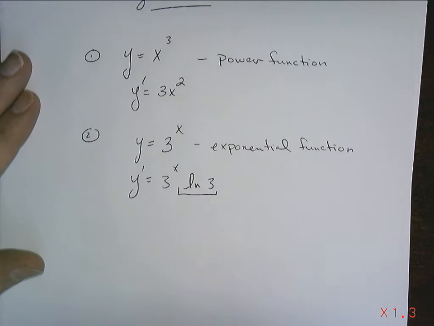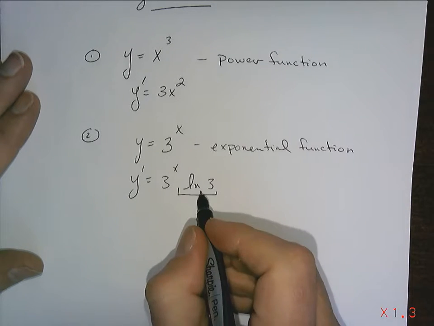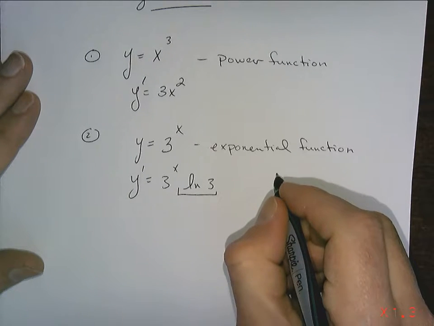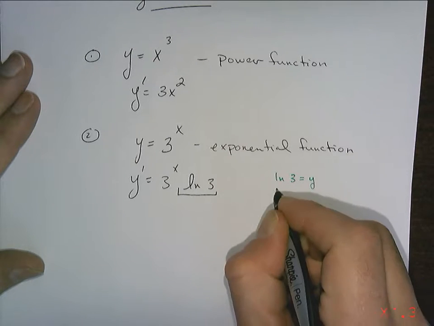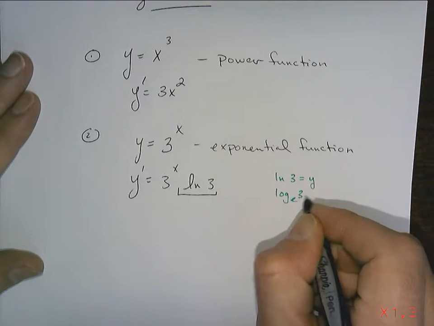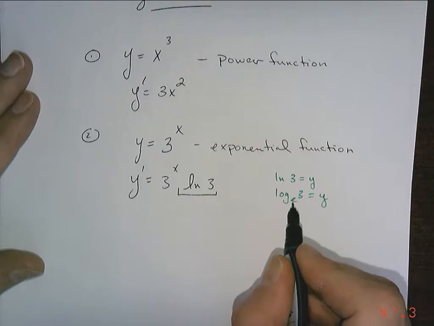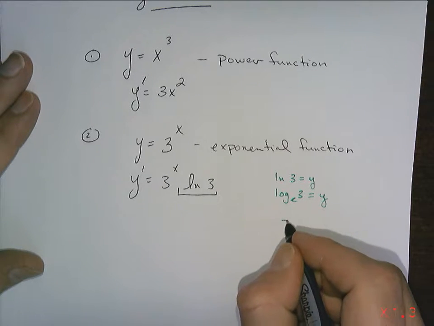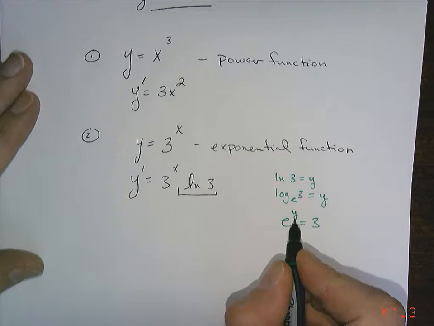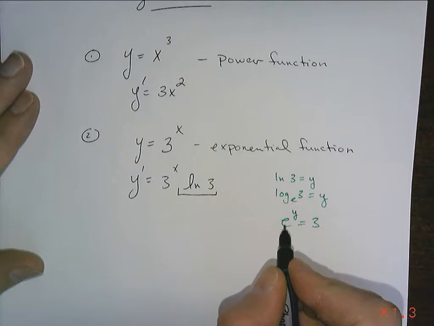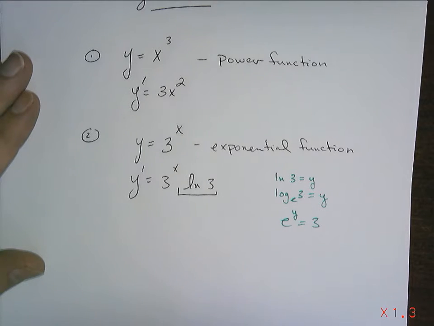We've spent a lot of time talking about that, but because this is a video, I'm just going to elaborate a little bit more. ln 3 means log base e of 3 equals y. This is log form, change it to exponential. It means ln 3 is the decimal that I have to put in here so that 2.718 to that power equals 3.